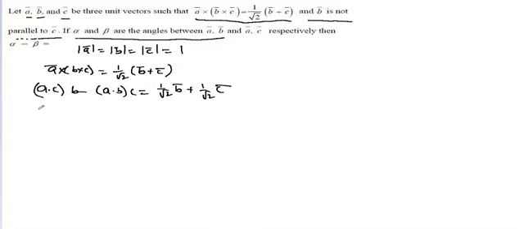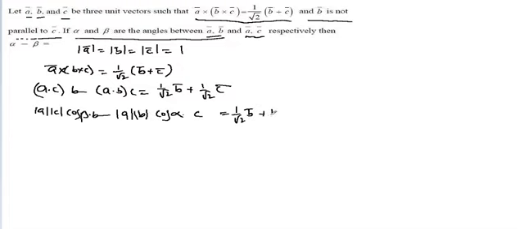We know that A dot C is mod A mod C cos of the angle between A and C, which is beta, that is cos beta, into unit vector B, minus mod A into mod B into cos of the angle between A and B, which is alpha, that is cos alpha into C, is equal to 1 by root 2 into B bar plus 1 by root 2 into C bar.